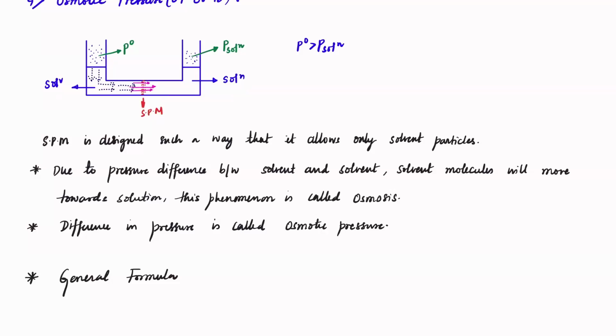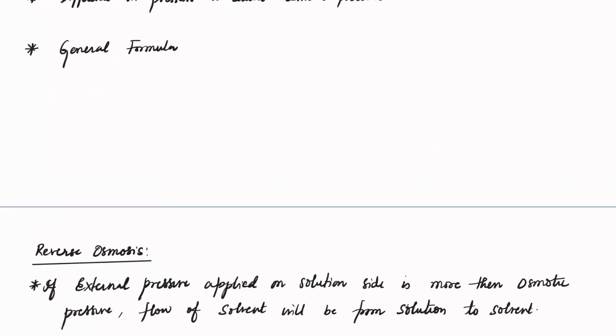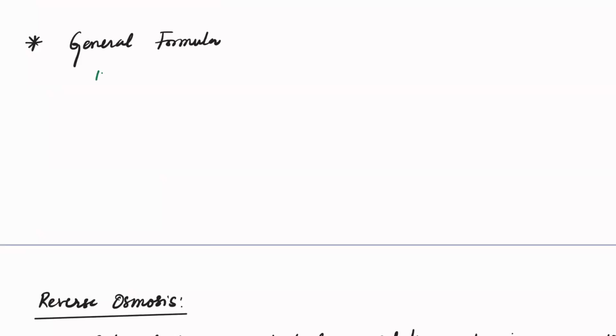Now what is the formula you will apply here? Osmotic pressure, pi is the term used for osmotic pressure. That is equal to the difference of the pressure. And this difference of the pressure is directly proportional to concentration, because the more the concentration, the more the pressure.